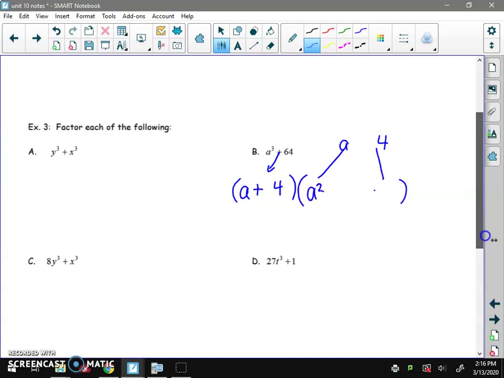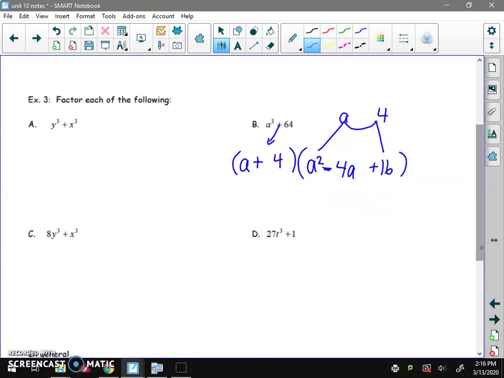Then I square the 4, 16. In the middle, I multiply them, 4 and a. Now, this was positive, S stands for the same, so the same came down. O is for opposite, so this has to be a subtraction or a minus sign. And then again, this is going to be always positive. So if you can identify your cubes and you can remember the pattern, it's really not very difficult at all.